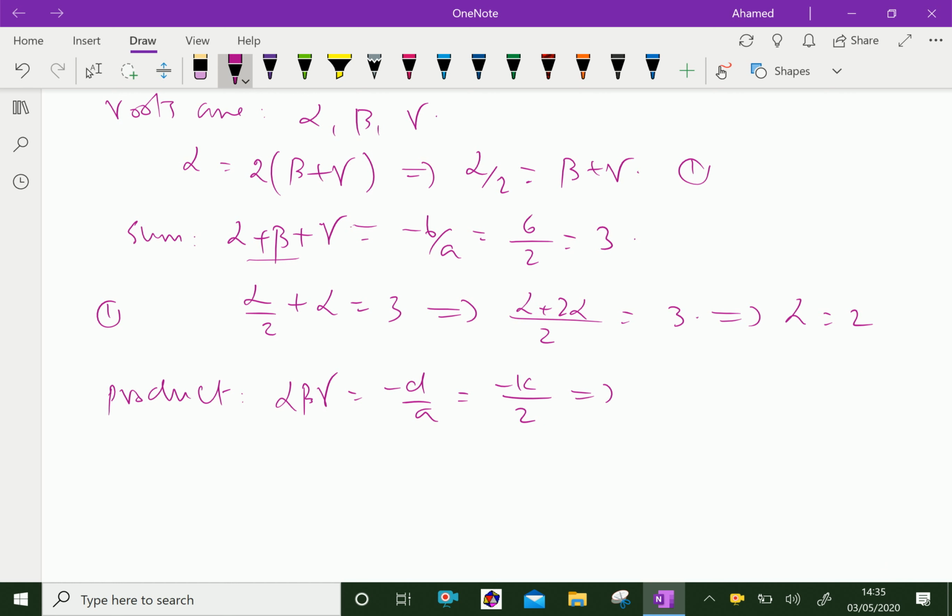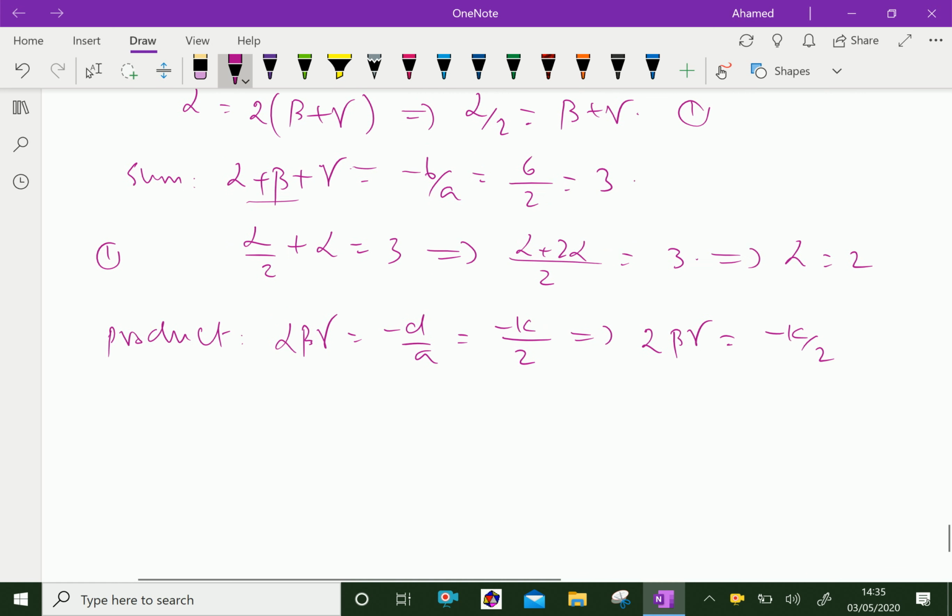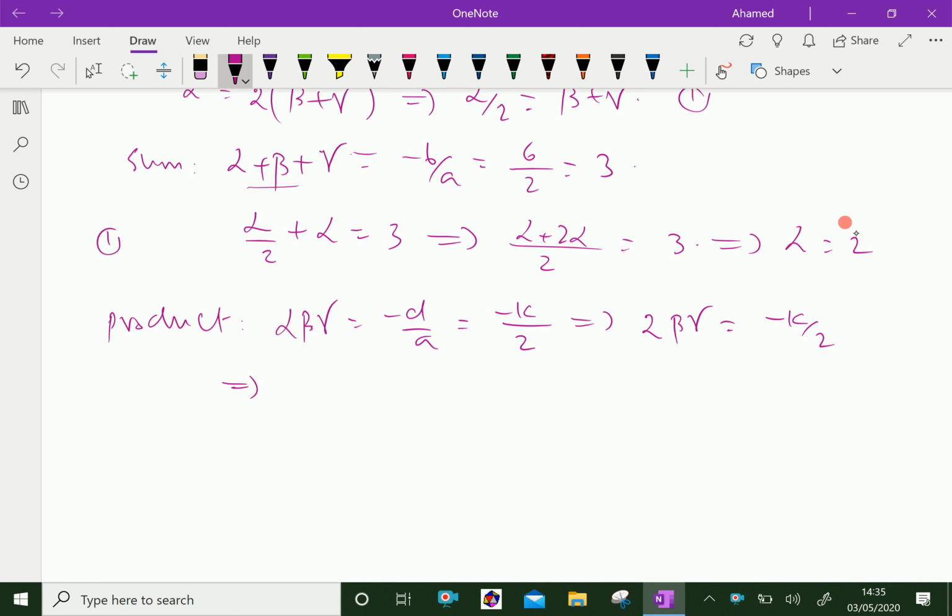Now we got alpha is 2, therefore 2 beta gamma equal minus k by 2. Then from that we can say beta gamma equal minus k by 4. Let it be 2.